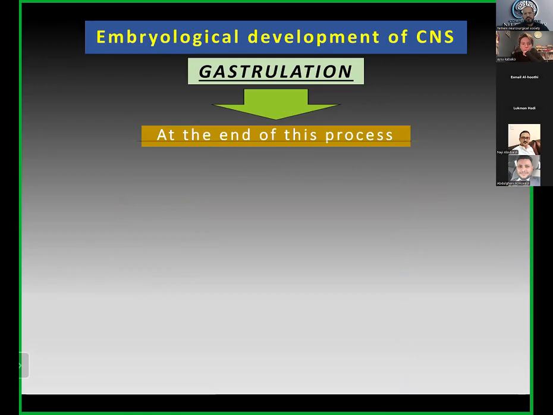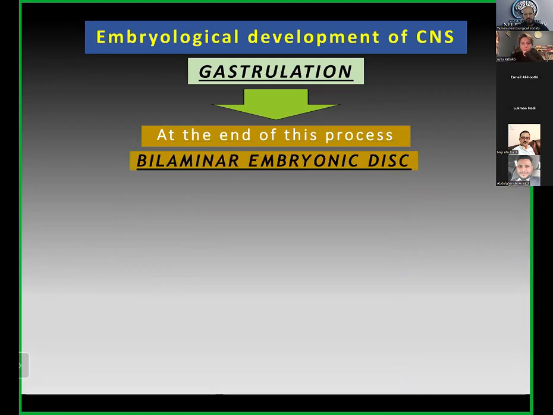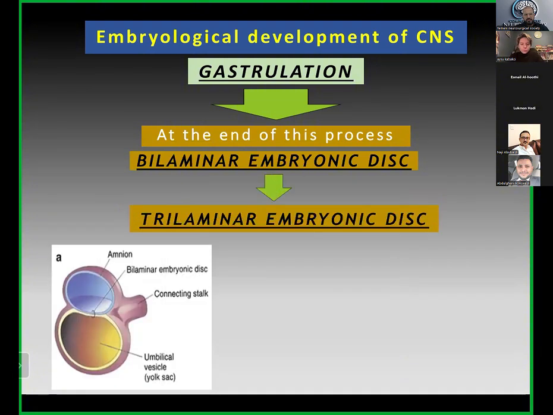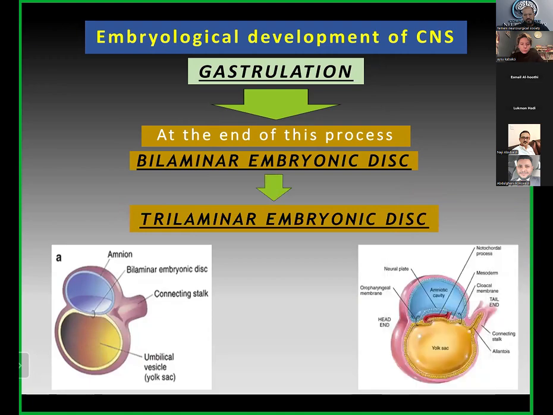So at the end of this process of gastrulation, the bilaminar embryonic disc will be called the trilaminar embryonic disc, as we saw in this diagram. The left one is called the bilaminar, and the right is called the trilaminar.